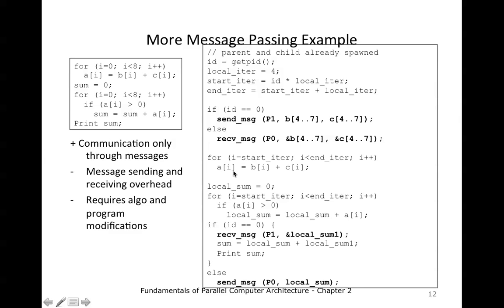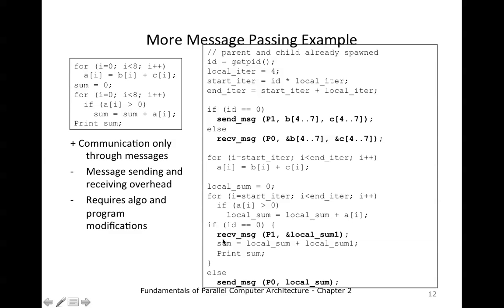And then after both of them perform computations, both processes have to accumulate to their own local sum because they can't see each other's memory. At the end, we have to combine the local sums into the global one.